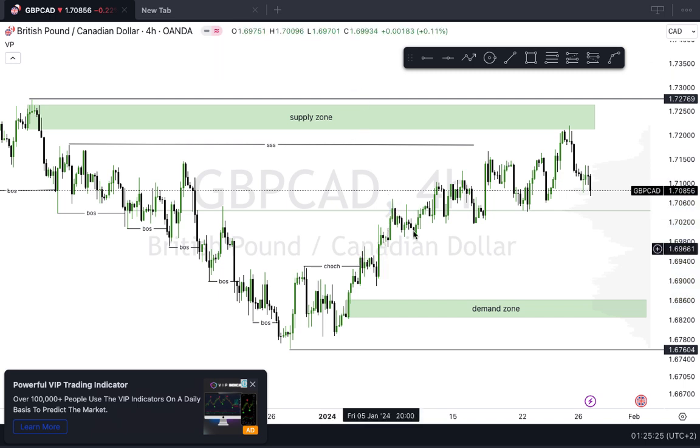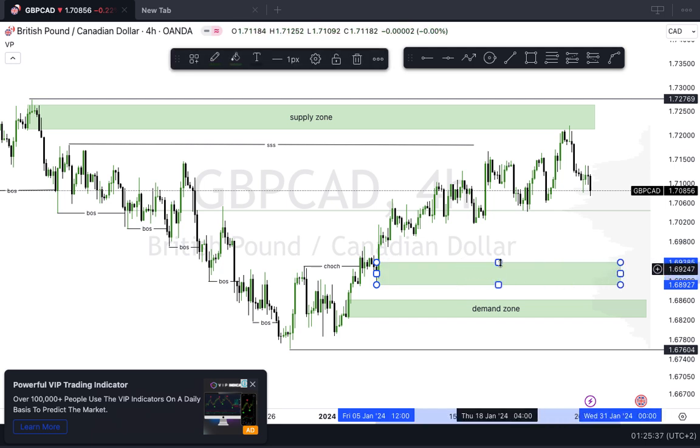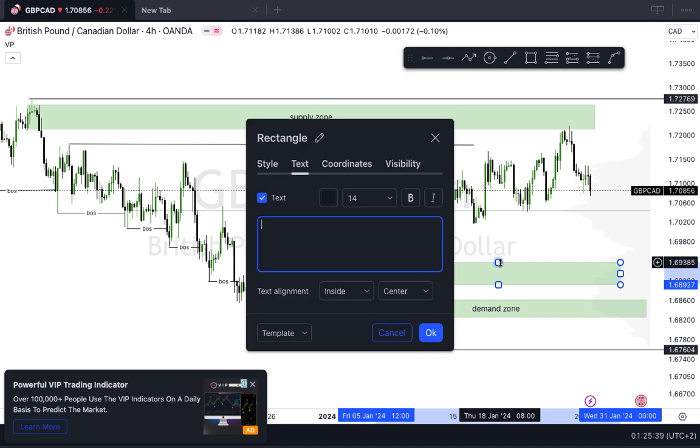And then from here, we are also spotting a second demand zone here, understand? We have a second demand zone there, so we also have to mark it.